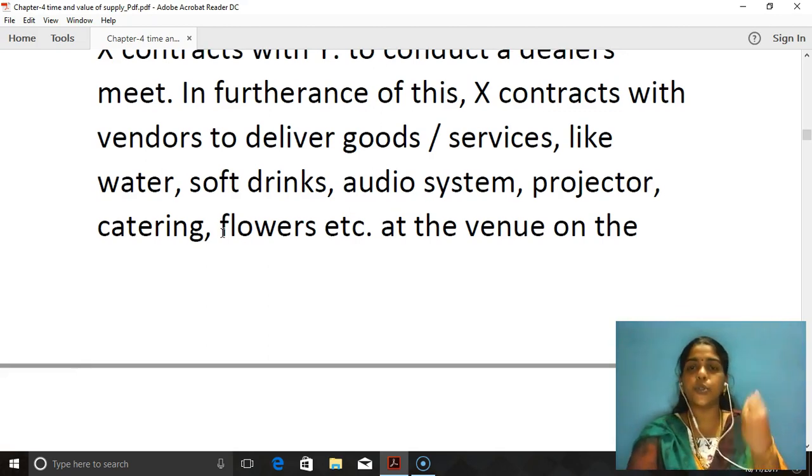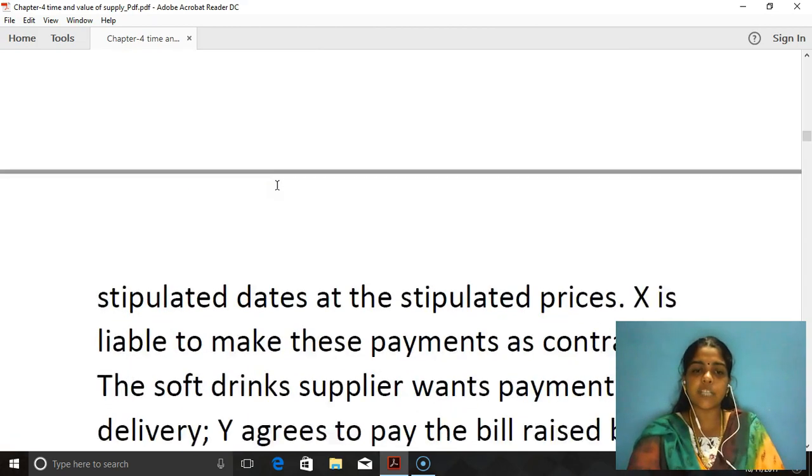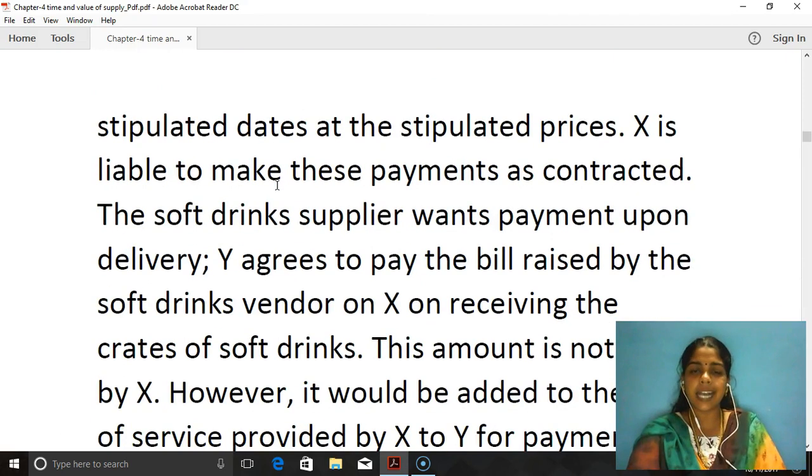But due to an urgency, the soft drinks vendor who had delivered the soft drinks needed the payment immediately and X was not in a position to pay. So Mr. Y pitched in and agreed to pay the bill raised by the soft drinks vendor on X on receiving the soft drinks. The soft drink vendor has delivered all the soft drinks and X is supposed to make the payment, but X is not in a position to do so.